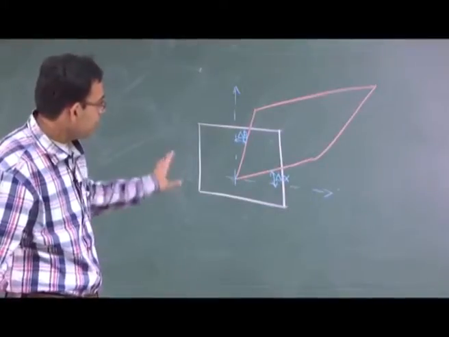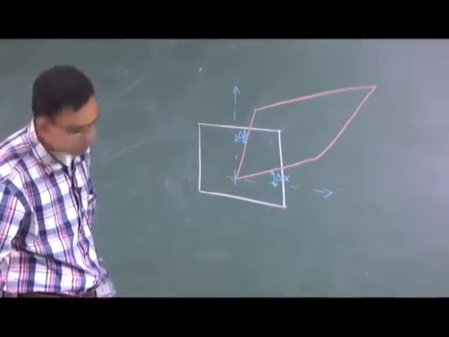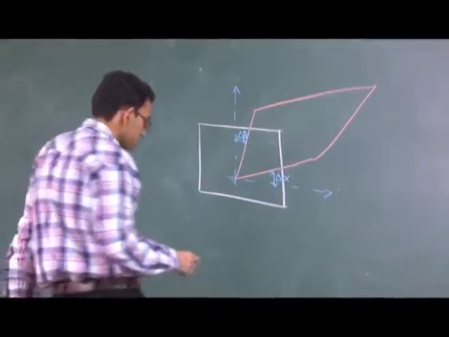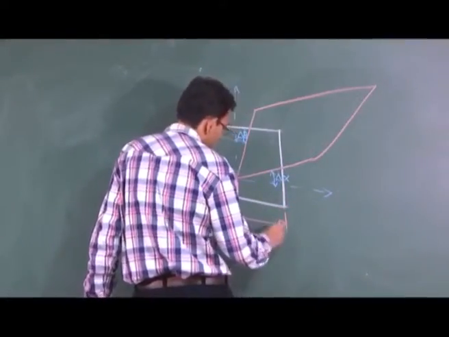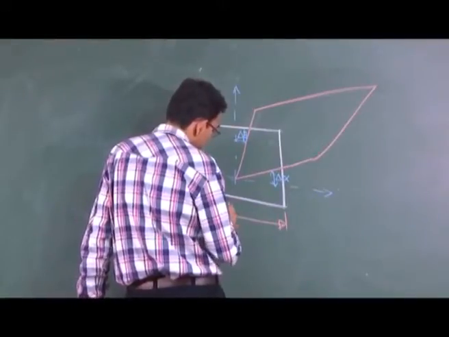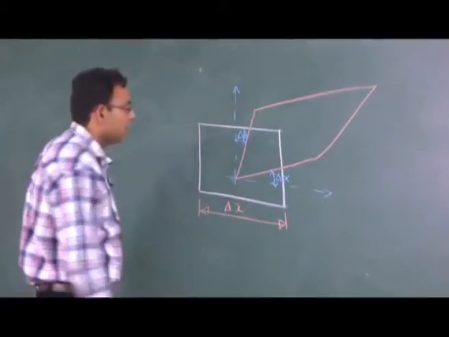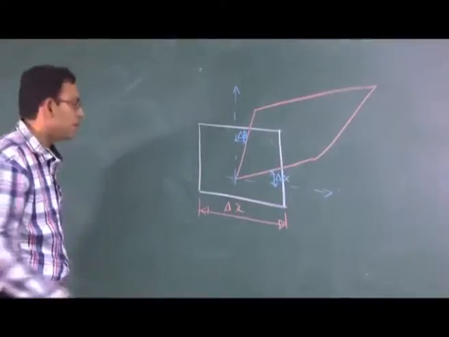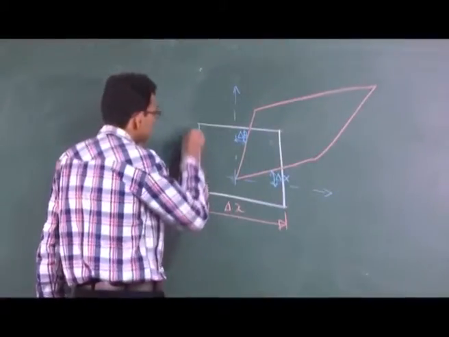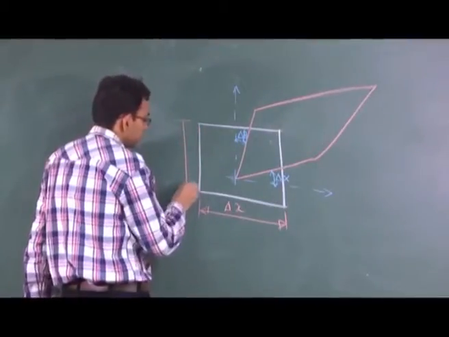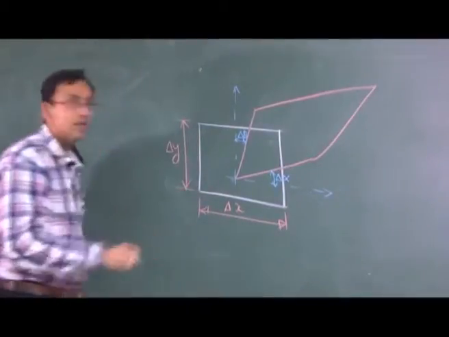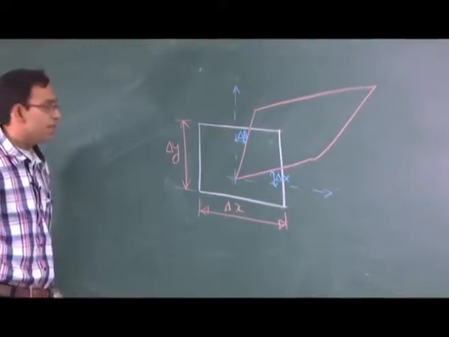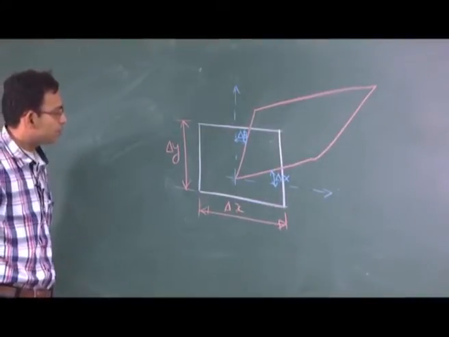So, we will try to quantify this. Let us say that delta x is the length along x and delta y is the length along y.